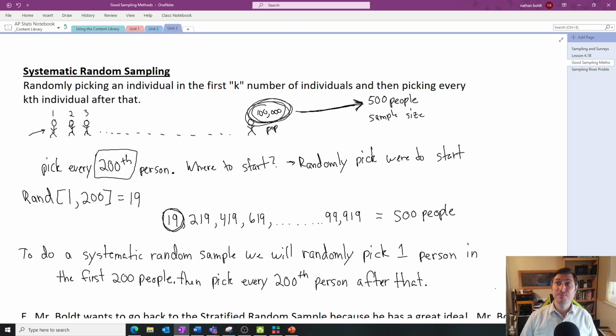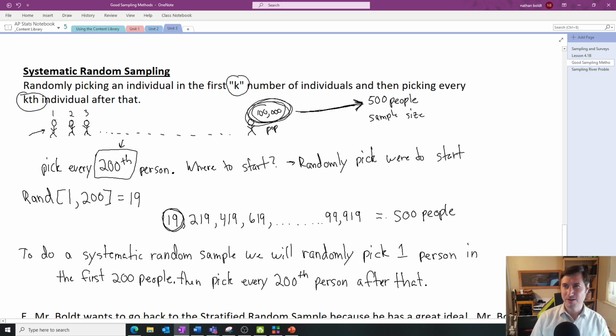But sometimes it is easier to pick out a sample systematically, randomly picking your first one, and then picking every kth individual. Because that 200 changes, the definition uses the letter k. So you pick a random person, the kth individual is your first one, and then pick every kth person after that.